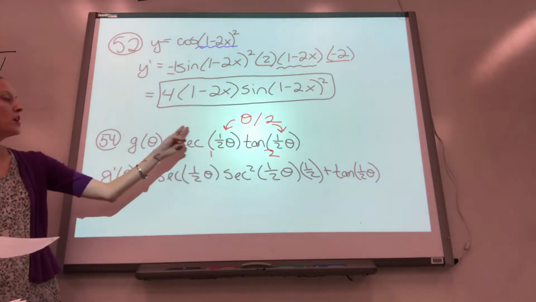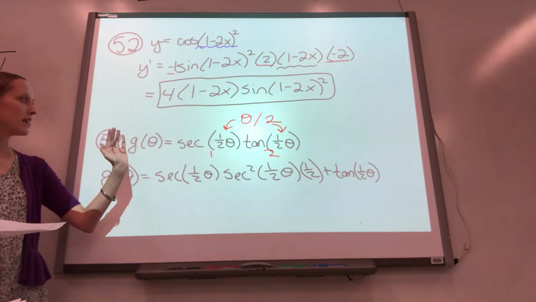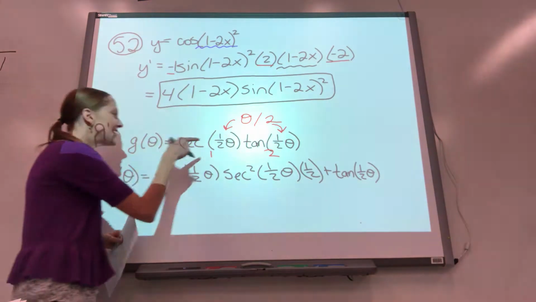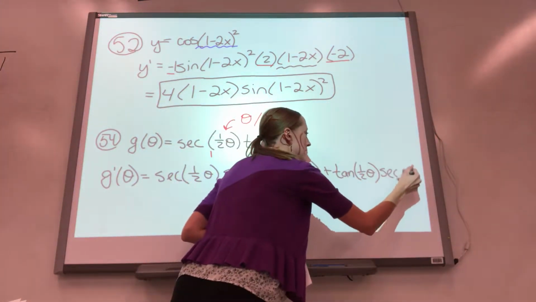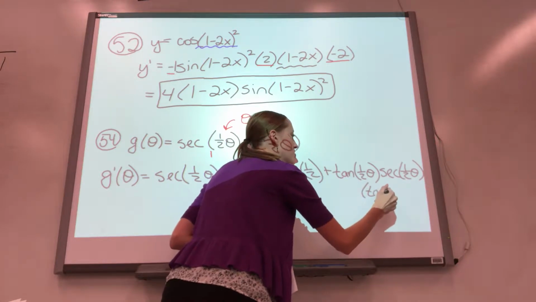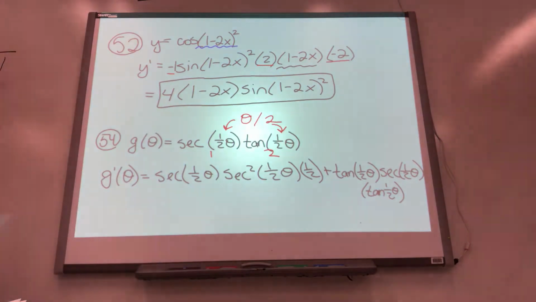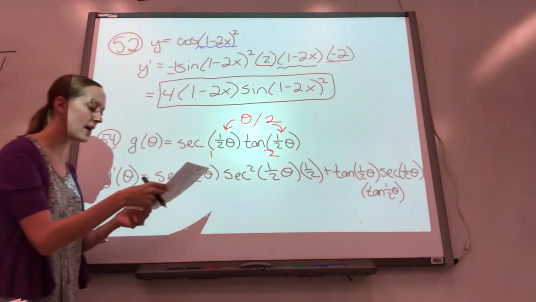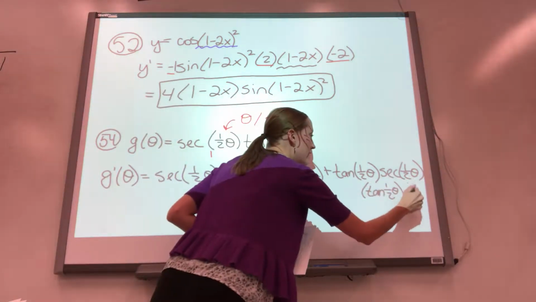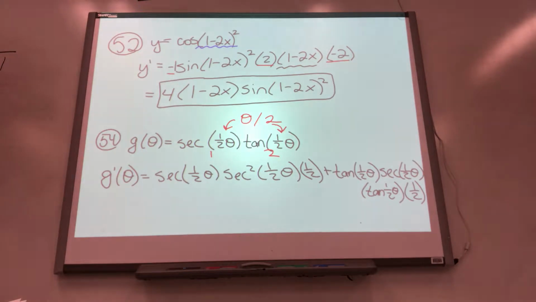D1 right here, derivative of the secant of something is secant of the something, tangent of the something. So I'll start with secant of 1/2 theta, tangent, I'm going to have to go down to the next little part there, tangent of 1/2 theta, but then I still need the derivative of 1/2 theta, which is 1/2.